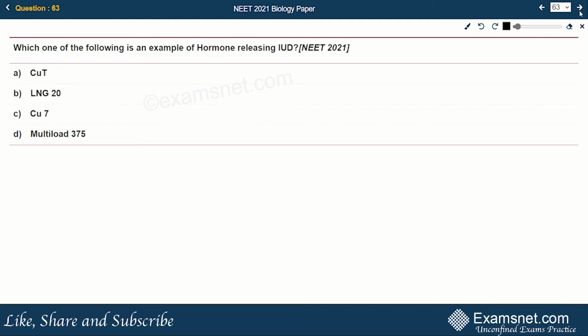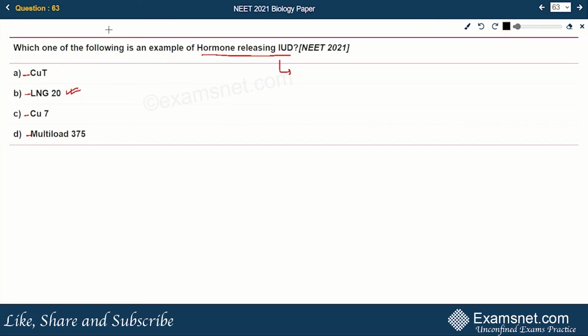Now next one is from the chapter reproductive health, and the question is, which one of the following is an example of hormone releasing IUDs? Options are copper T, LNG20, copper 7 and multi-load 375, and the correct option is option B, that is LNG20. So let's first understand what are IUDs.